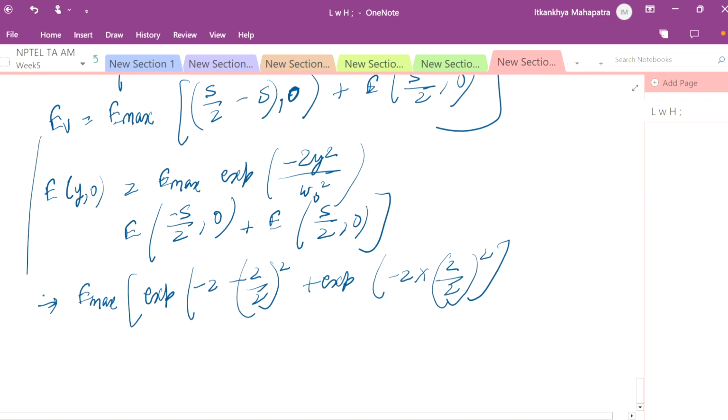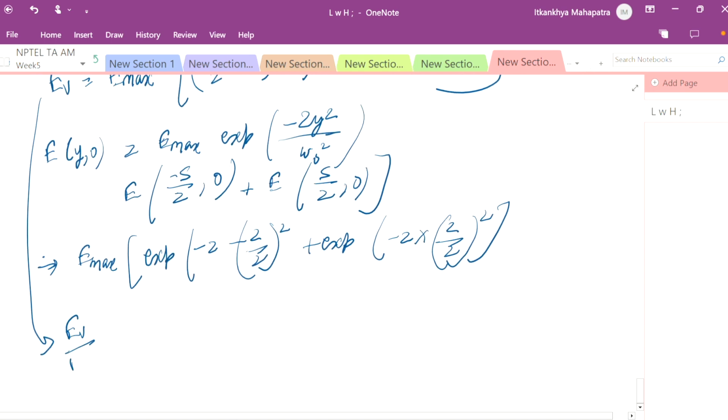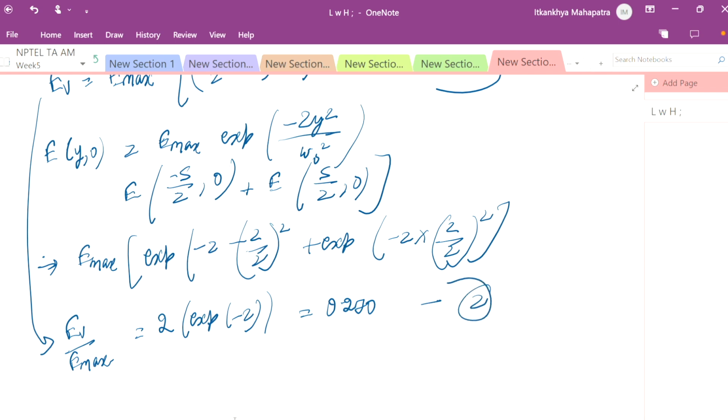From here we have EV by Emax is equal to 2 of exponent of minus 2. This becomes 0.270. This is your equation 2.